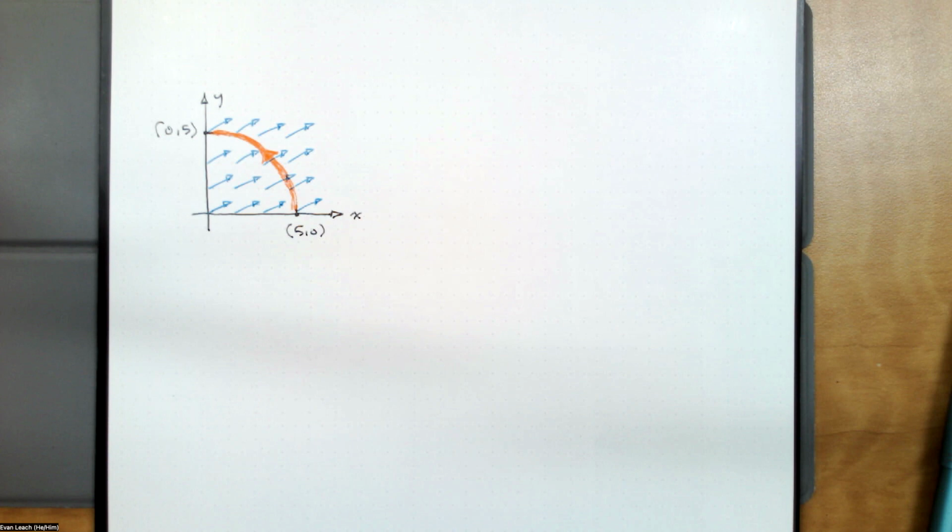Because when we multiply vectors at an angle, and the angle between those vectors is more than 90 degrees, our cosine is negative, our dot product is negative. The path is going against the flow of the vector field, generally, overall.